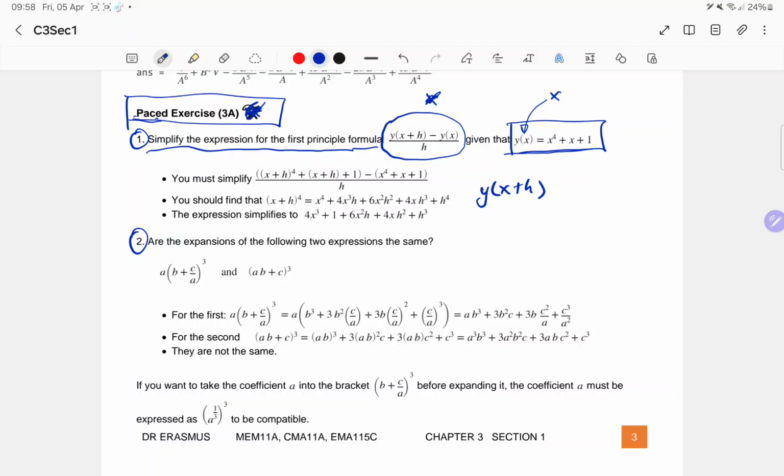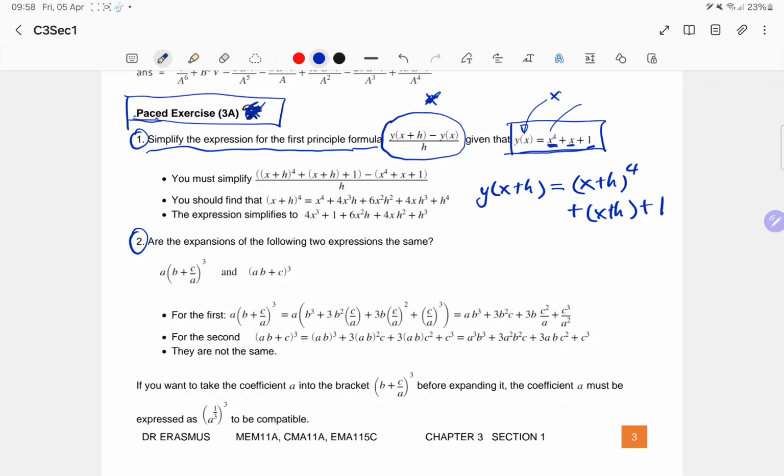So for argument x plus h, where there's x, you substitute x plus h. You're going to have x plus h to the power 4, that's the first term, plus the second term, which is just x plus h, and you have your constant as your third term, which is plus 1.